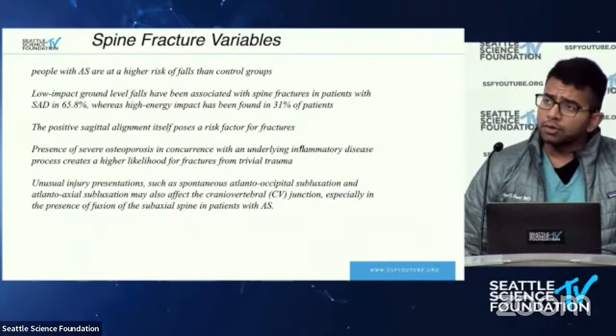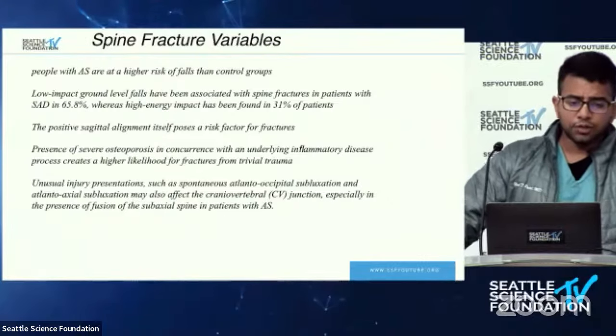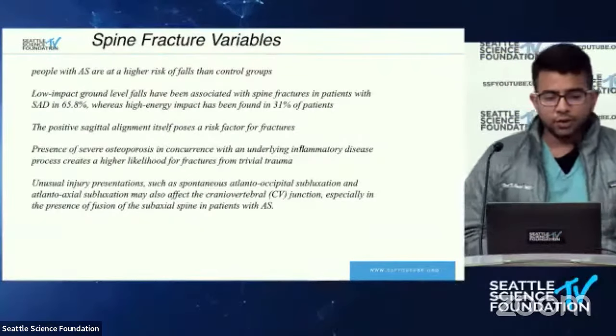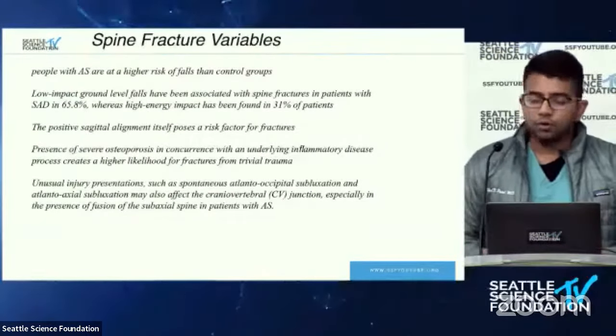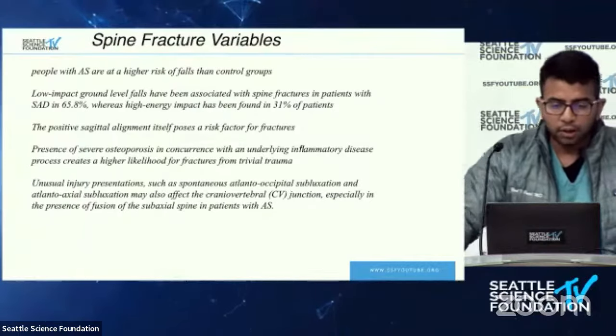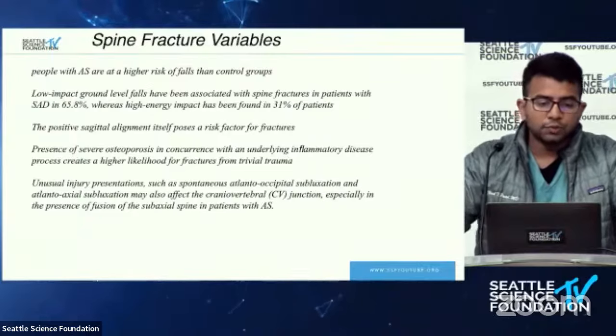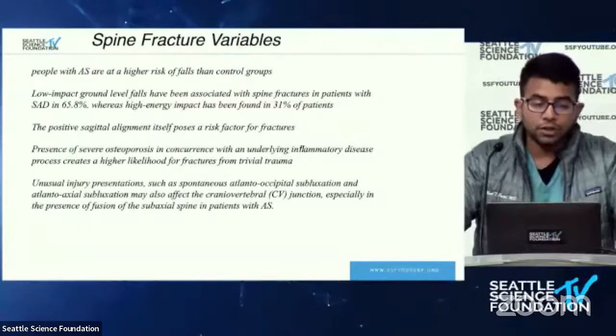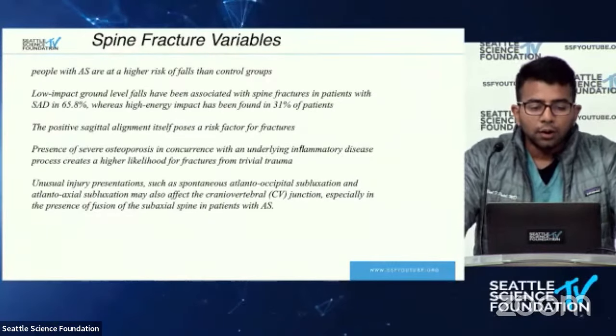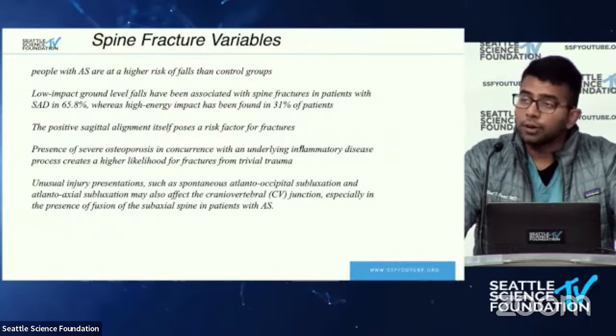So the variables that we need to think of when we see these patients again are, patients with AS are at higher risk of fall than control groups, and they looked at low impact ground level falls. These have been associated with spine fractures in these patients up to 65% of the time versus high impact only 31%.